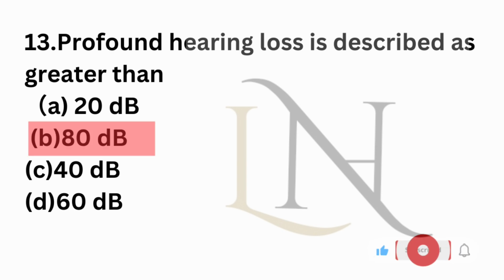There are 4 types of hearing loss: mild, moderate, severe and profound. Mild means less than 20 decibels, moderate means 20 to 40 decibels, severe hearing loss means 40 to 60 decibels, and profound is more than 80 decibels. Now, let us go to the next MCQ.